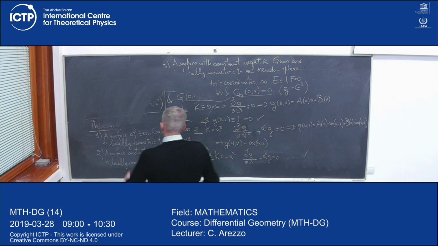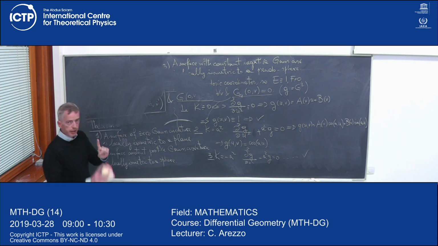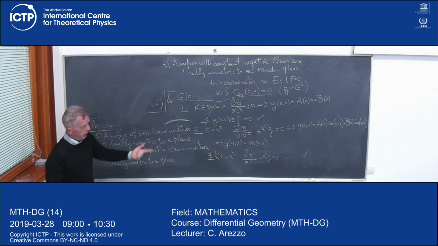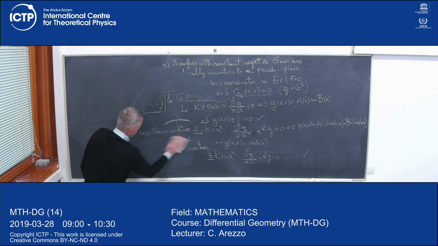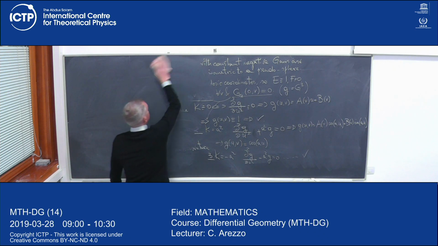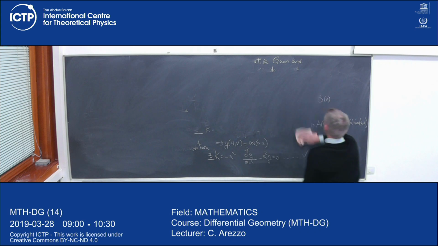So the plane is like this, because it's the rotation of a line through the normal line of the plane. The sphere is, of course, the rotation of half equator along the central axis, and we just saw why the pseudosphere is a surface of revolution. So let's play a little bit in general with surfaces of revolution.